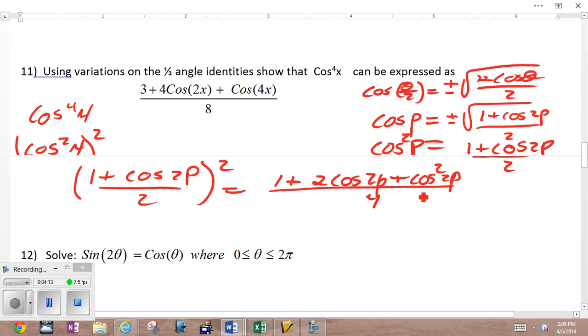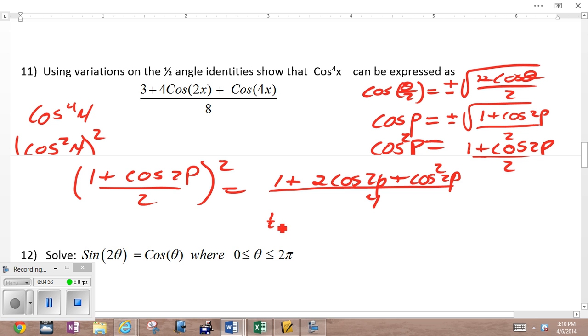But now I still have a power of the cosine which I want to resolve. So I'm going to use this again. So basically, again, if my angle here is going to be 2p, then this expression over here is going to involve a 4p. So I'm just going to break this up as two fractions.